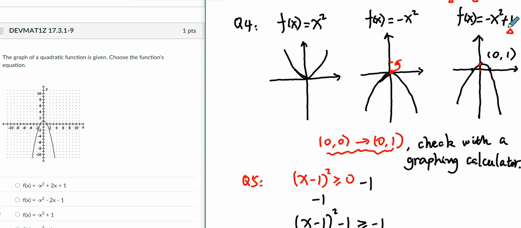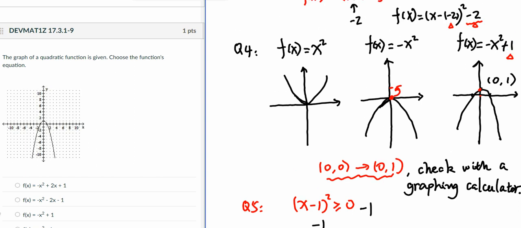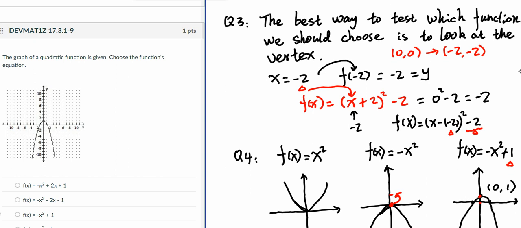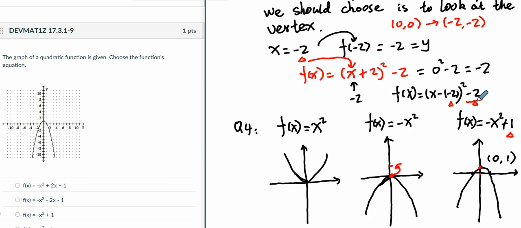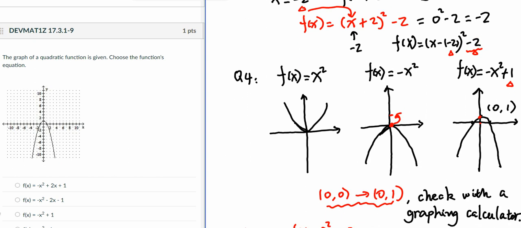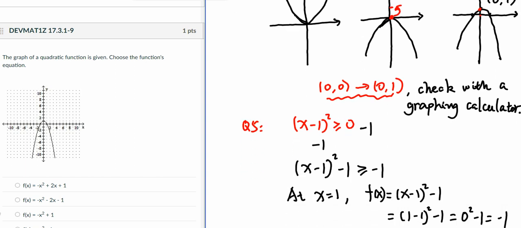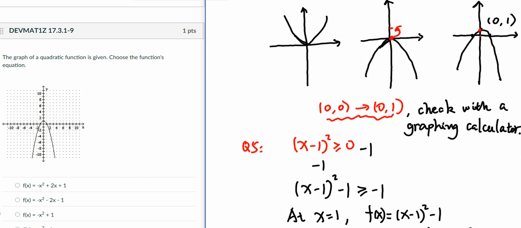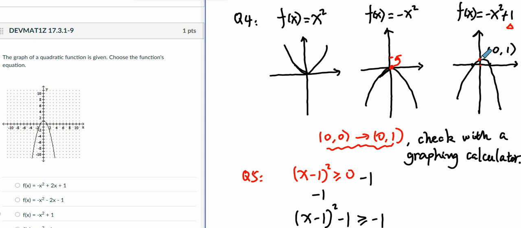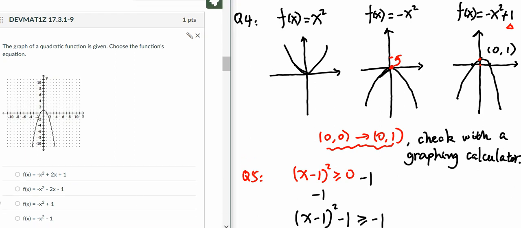When you see minus, like previously we have a -2 here, it's going down. But here, if you see +1, this point is going up. So basically what we like to choose here is the one f of x equals -x² + 1, the third one.